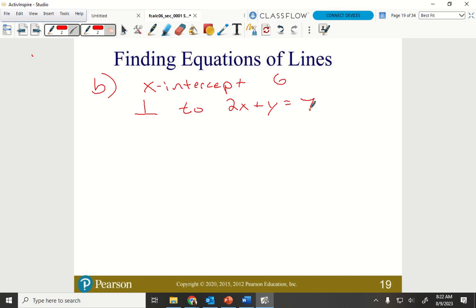Now, what does the word intercept mean? Cross, right? It crosses. This one crosses the what? Okay, so it's the x-intercept. So the word intercept means to cross the x, right? So the x is that line going left and right, isn't it?